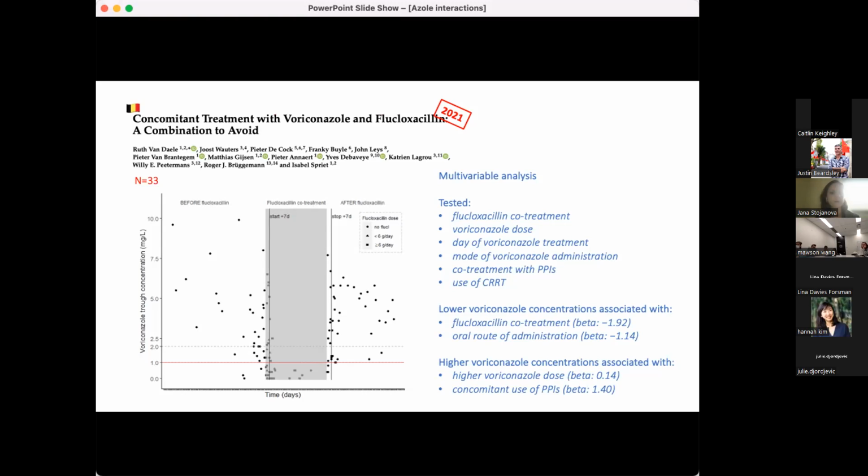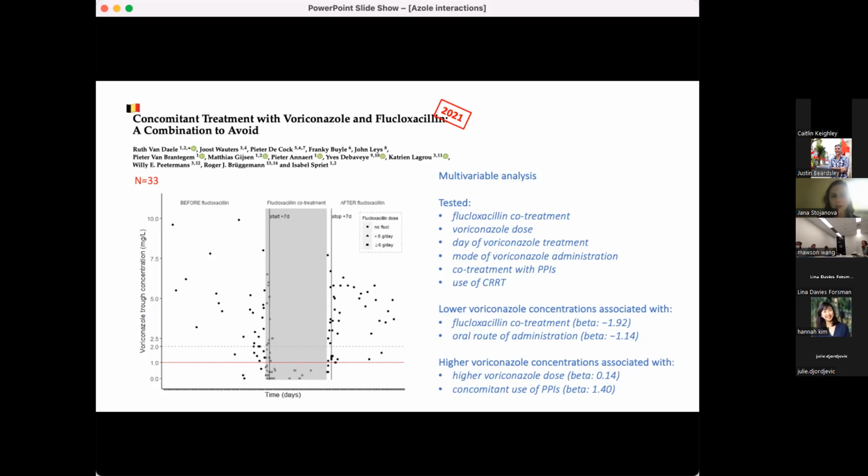So this particular paper sort of consolidated that this really is a phenomenon. High initial voriconazole concentrations and concomitantly taken proton pump inhibitors, which inhibit 2C19, were associated with higher voriconazole concentrations. And an interesting finding was that orally taking flucloxacillin was associated with lower concentrations, which requires confirmation.